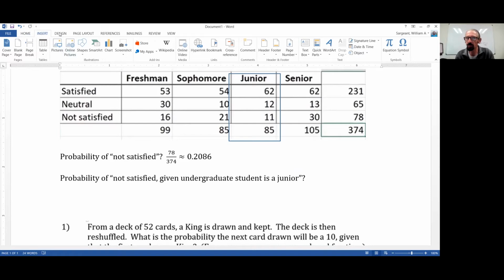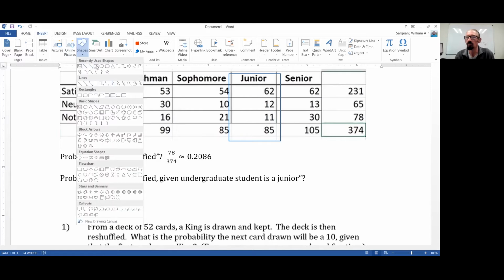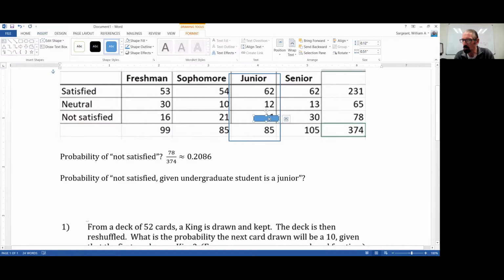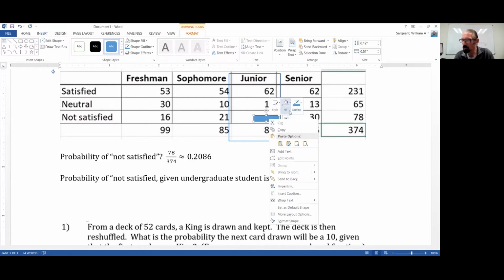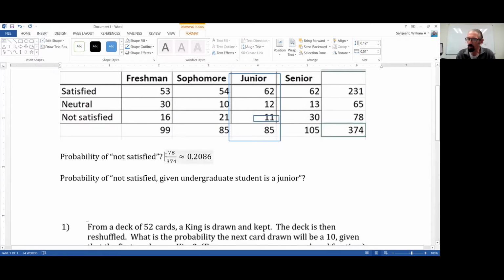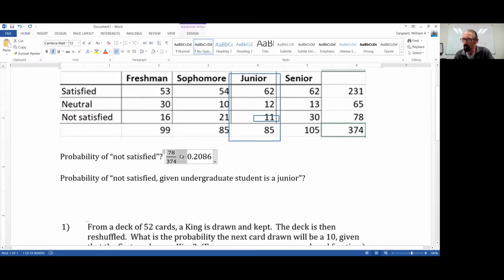That is right here. No filling. So we're looking at 11 out of 85.